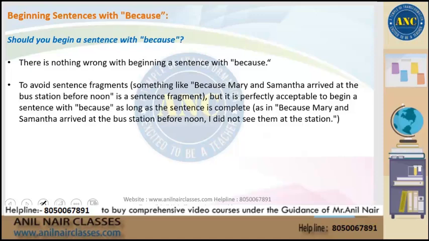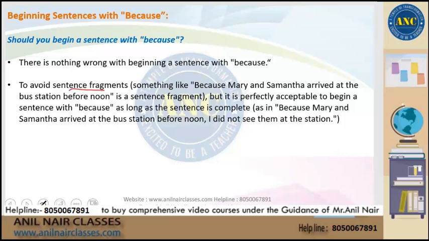Beginning sentences with because. Again, we are told not to begin sentences with because, but there is nothing wrong with doing so because it helps. Again, because is a conjunction and it helps join two or more sentences, right?